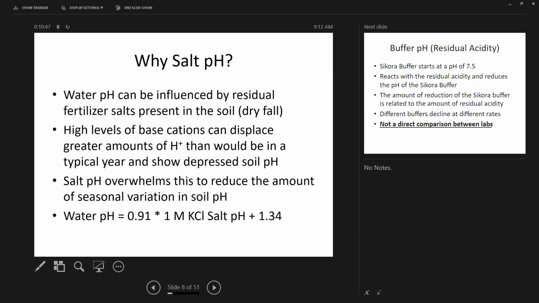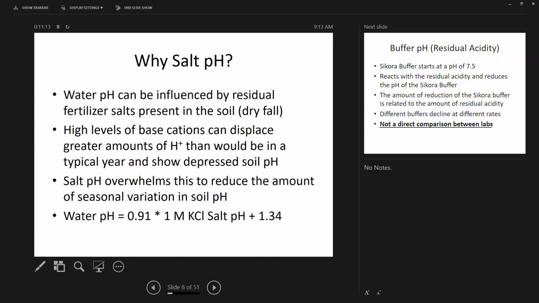If we don't have these fertilizer salts leaching out, let's say we have potassium, that potassium can bump or displace hydrogen off of the exchange complex. So we're actually kind of artificially elevating the amount of hydrogen that's in the solution that's being measured. So we get a lower pH than we would if we would have had normal rainfall.